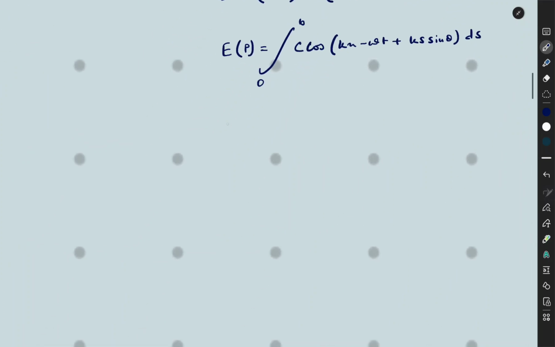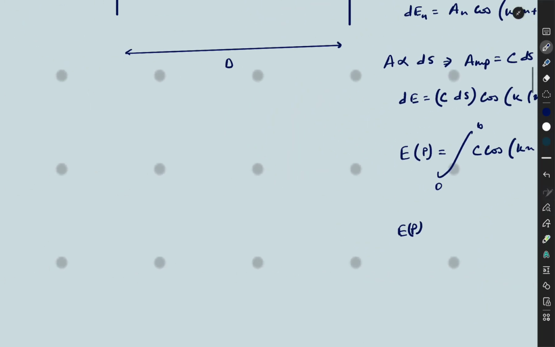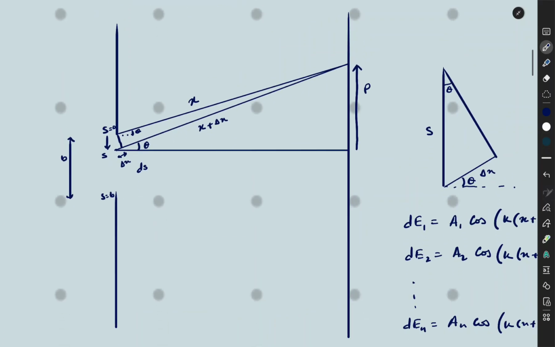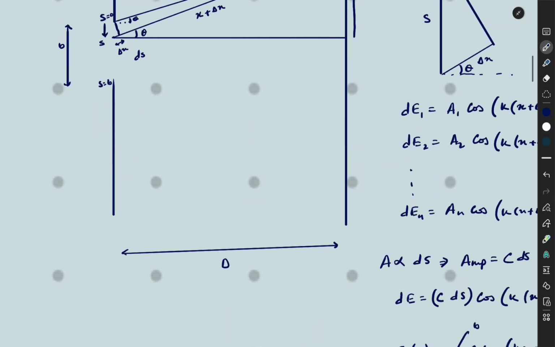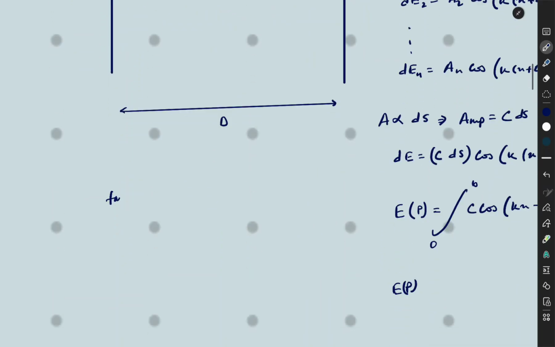ds. So if we integrate, remember that p is a function of x, because if we see here, let us take this as d and this as p, therefore tan theta is equal to p by d.